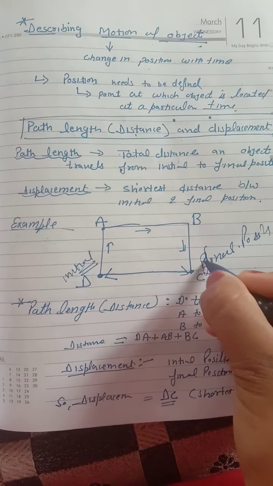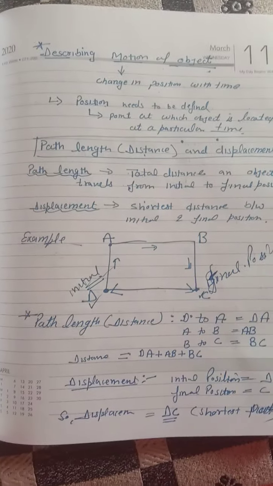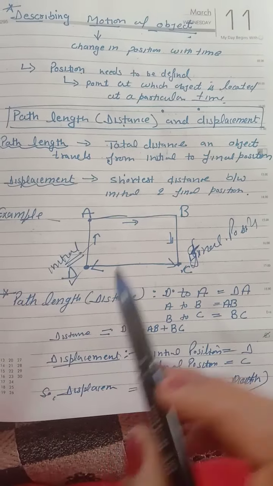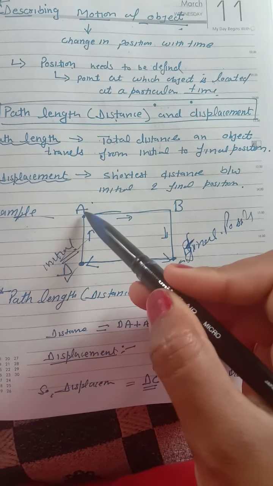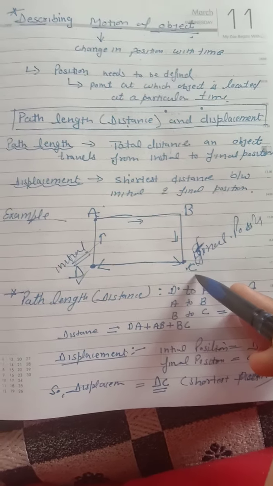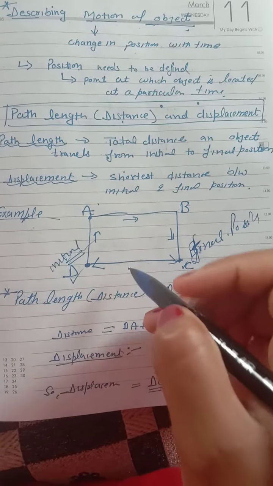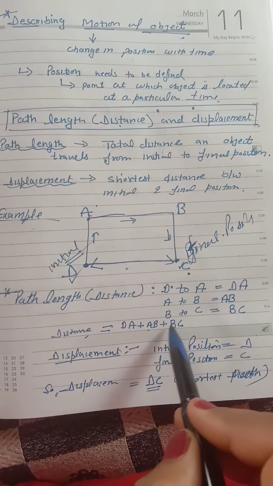So what is path length? I told you earlier that it's the total distance. So it is DA plus AB plus BC. This is the total distance, which you can see I have written here: DA plus AB plus BC.